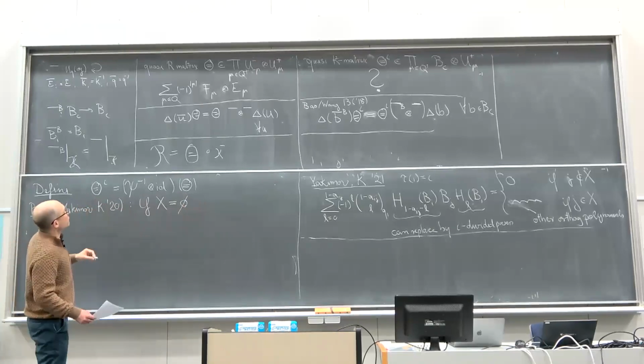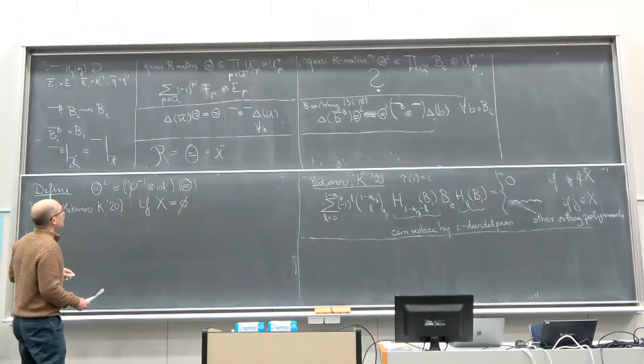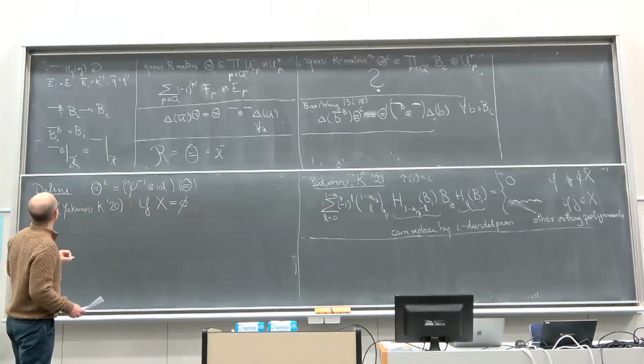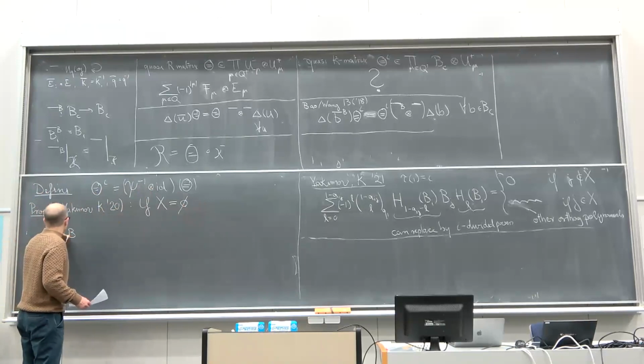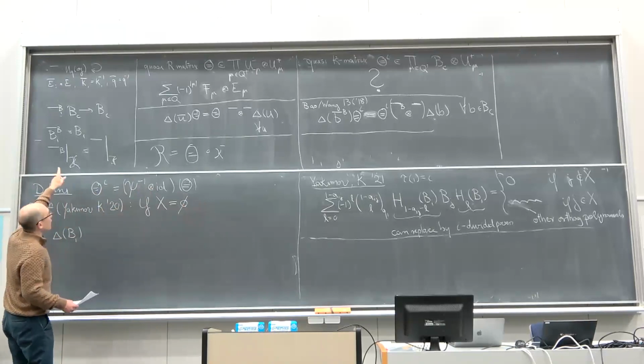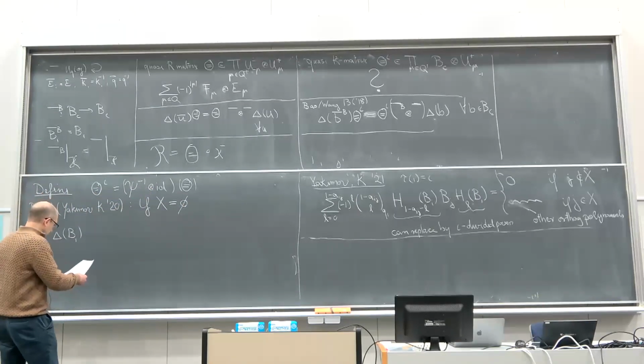So we want this intertwiner relation. Well, we only have to check this on the generators. So we have delta of B_i. B_i is its own bar, so no need to write the bar there.